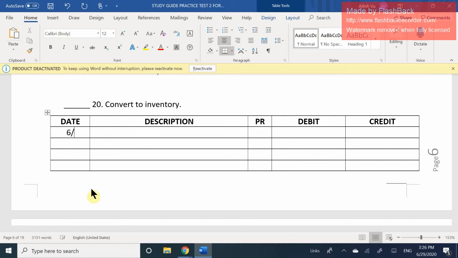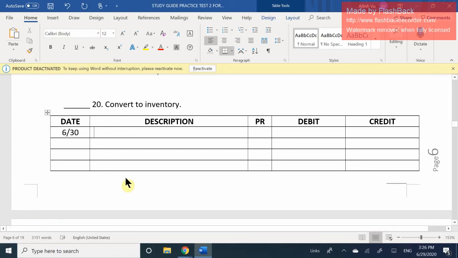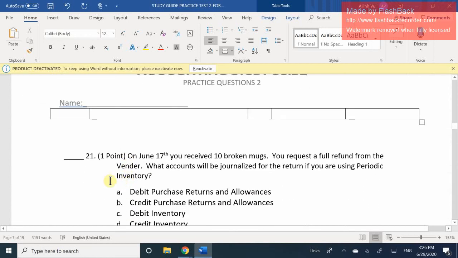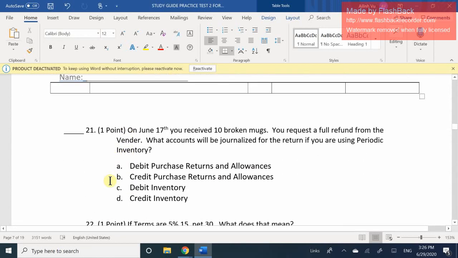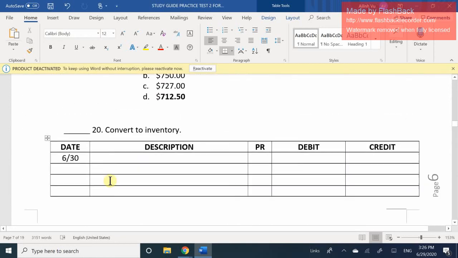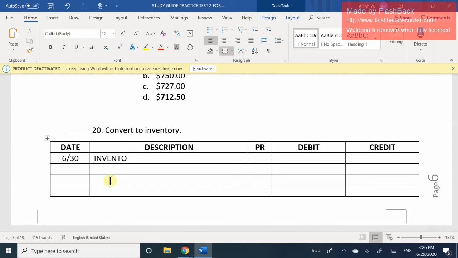I'll just give you the date. It's the end of the period. We actually know what the item is, toys, but I'll give it to you as inventory.